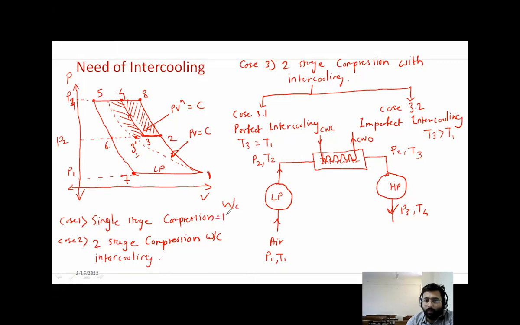Compressor work will be equal to the area 1 to 8 to 5 to 7 to 1. So write down, with the need of intercooling, case 1. First draw this diagram, then we can write down the text. Draw this indicator diagram.